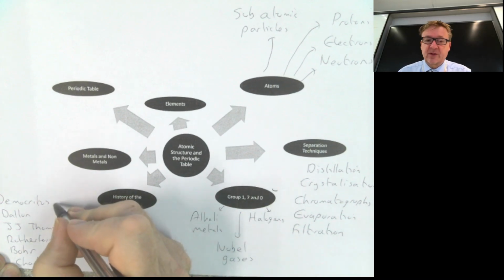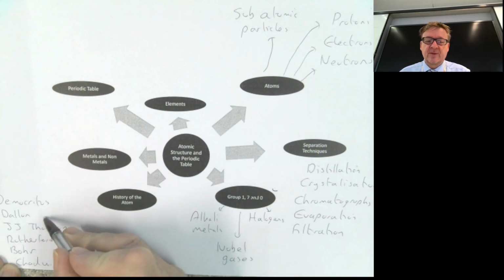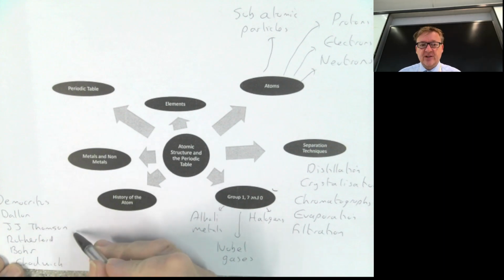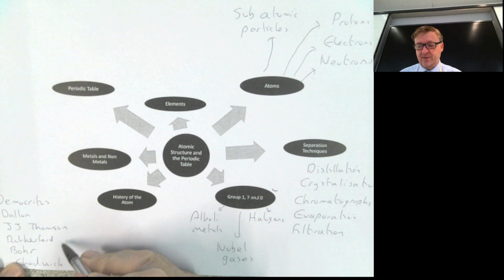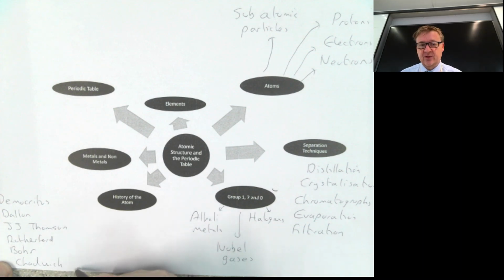Democritus is the guy that said atoms cannot be cut, many hundreds of years ago. Dalton talked about them being a sphere. J.J. Thomson is the plum pudding guy. Rutherford, gold leaf. Bohr, electrons in shells. And Chadwick is about the neutron.